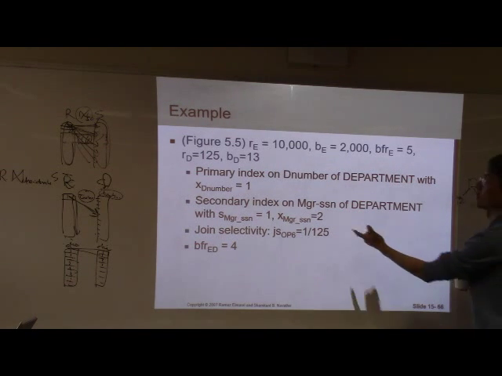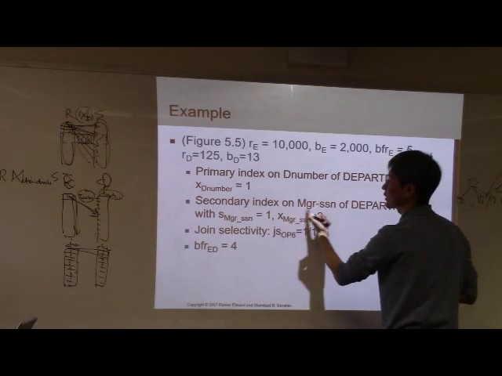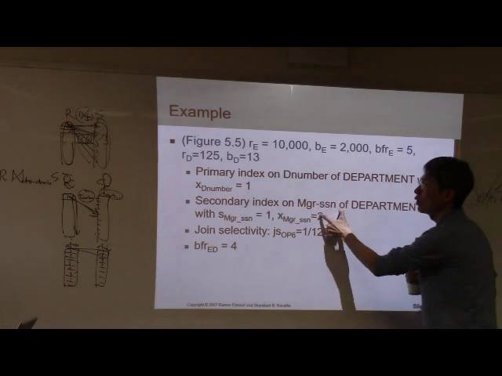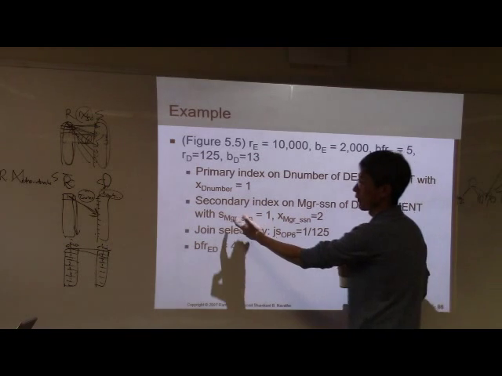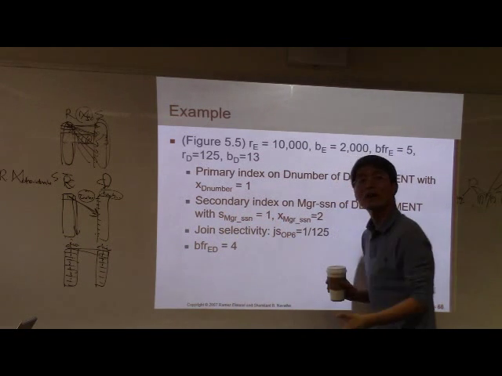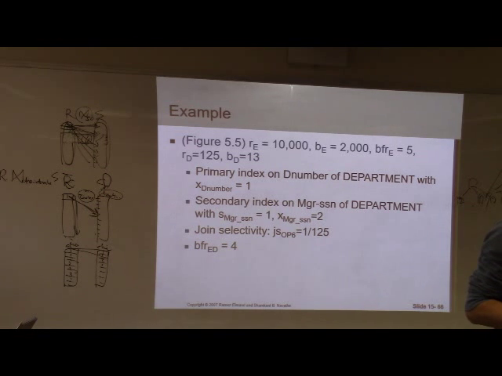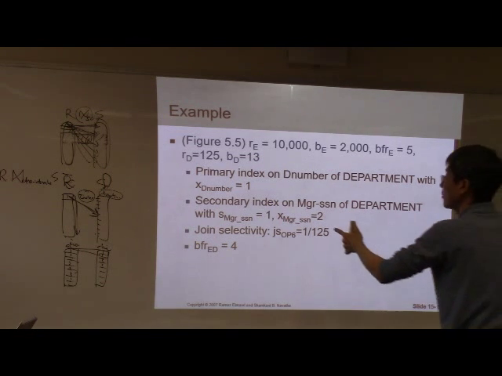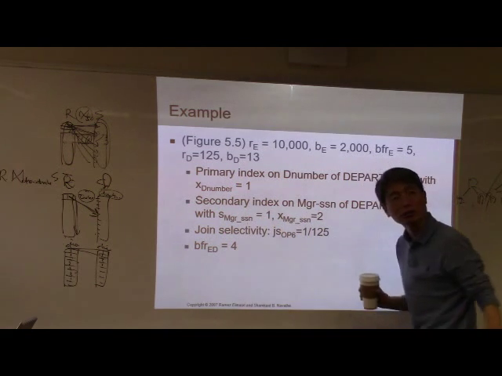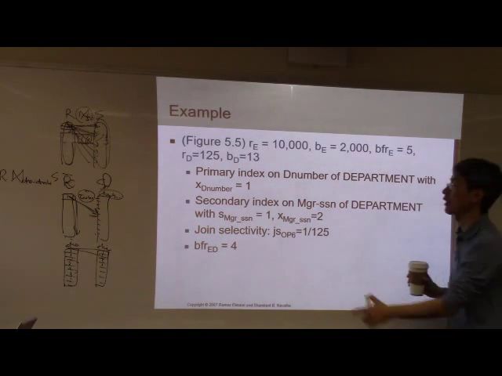And we have a secondary index. The secondary index level is 2, okay? And what is this one? Selectivity is 1. For each department, one manager. So when you select the manager social security number, only one department will be returned. That is the selectivity.